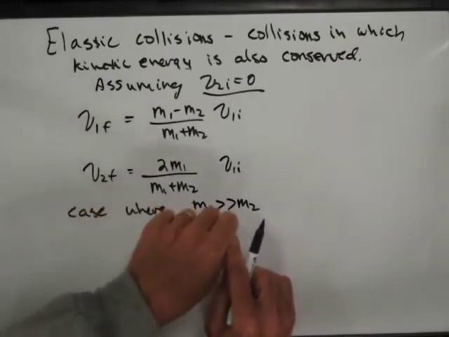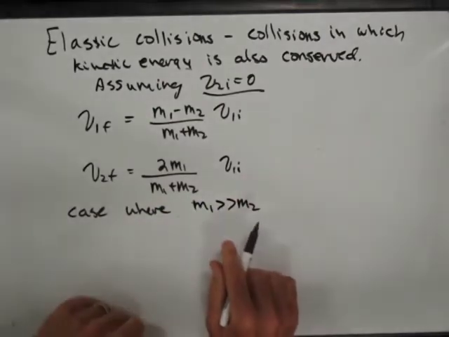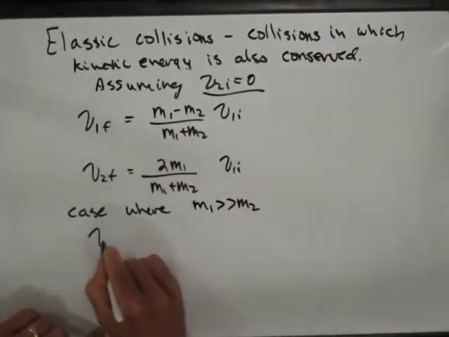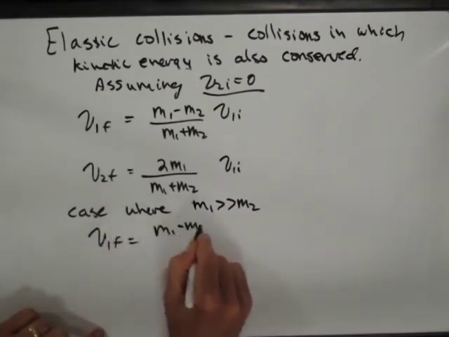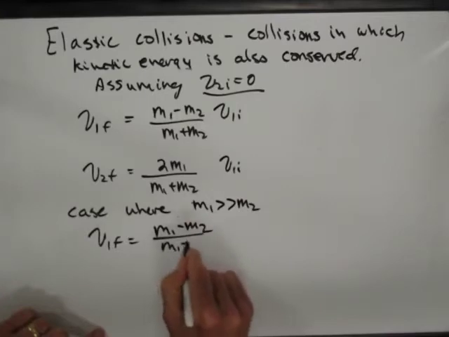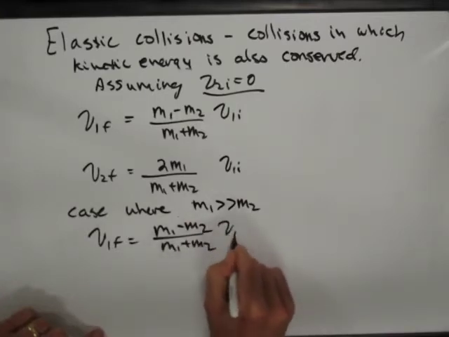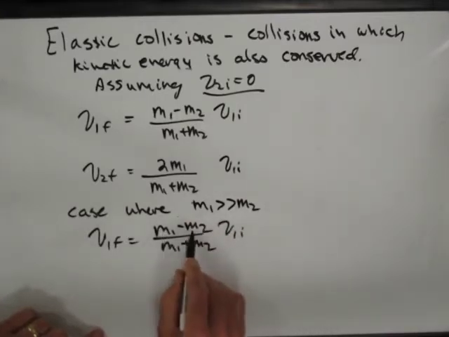Well, if the bowling ball comes in and hits the BB, the bowling ball's velocity shouldn't change very much, right? And so in this case, v1 final is equal to m1 minus m2 over m1 plus m2 times v1 initial. Well, if that's like 1,000 and that's like 1, then it's 999 over 1,001, essentially 1.